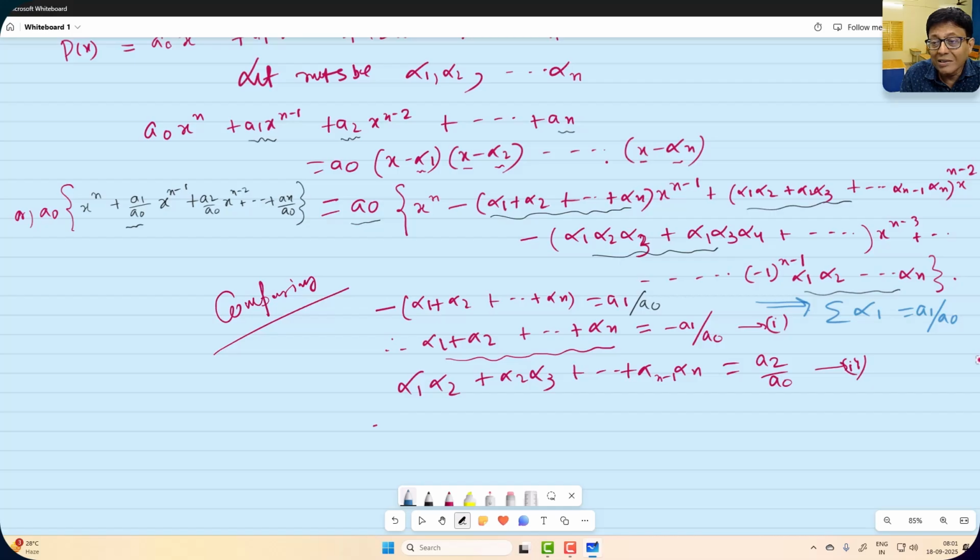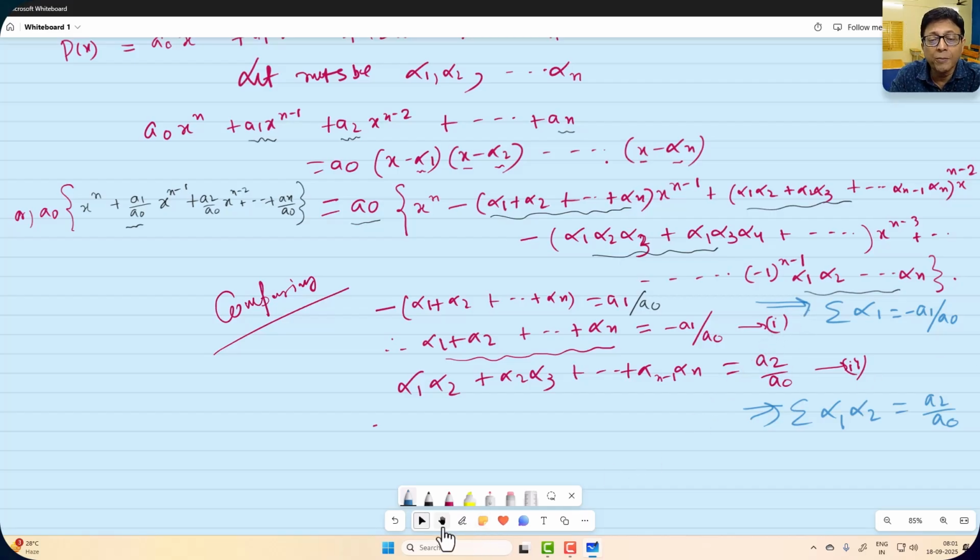What about product of the roots taken 2 at a time? There it will be sigma alpha 1 alpha 2 equal to a2 by a0.